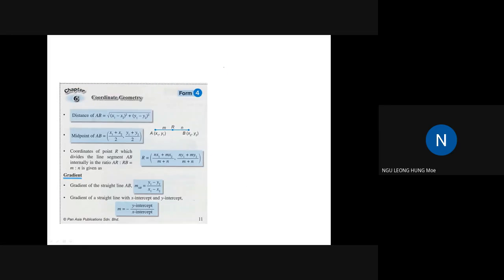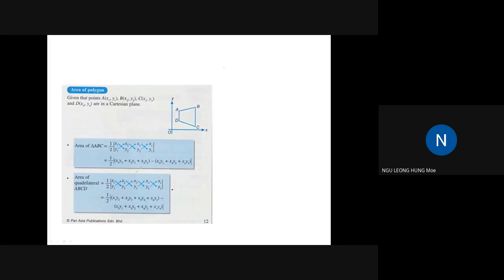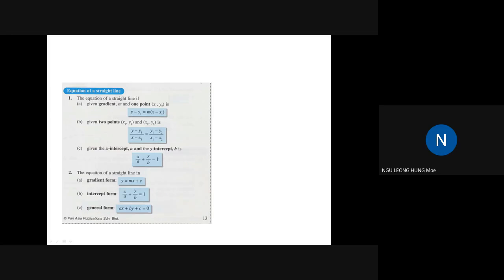Okay. Coordinate geometry. This one should be no problem. Area, clockwise or anti-clockwise, always put on modulus. Gradient. This is what I mean just now.